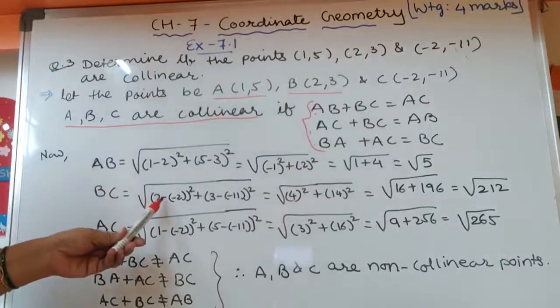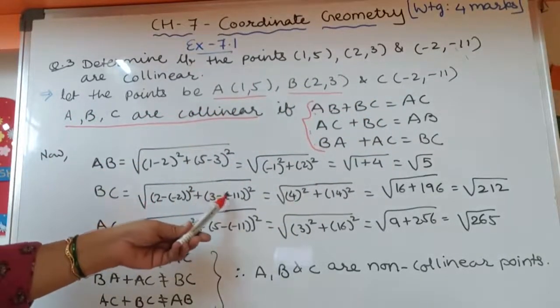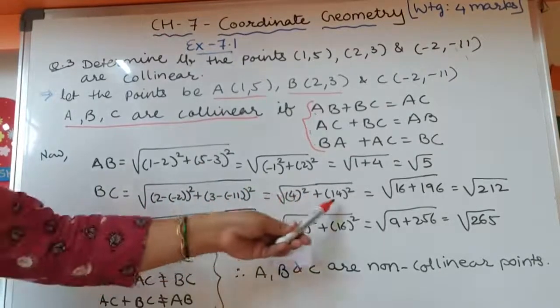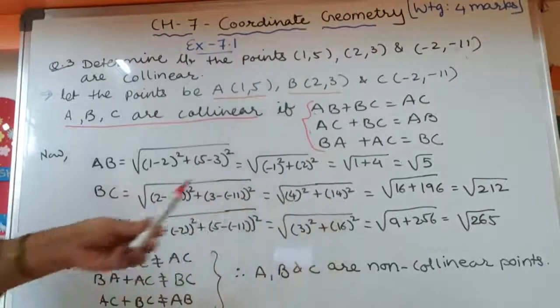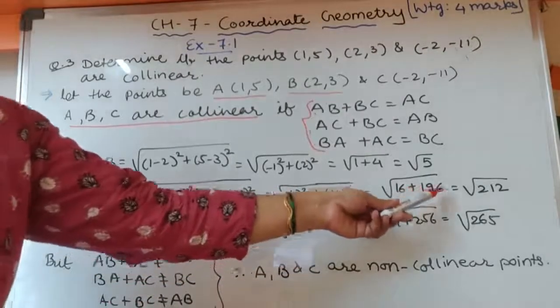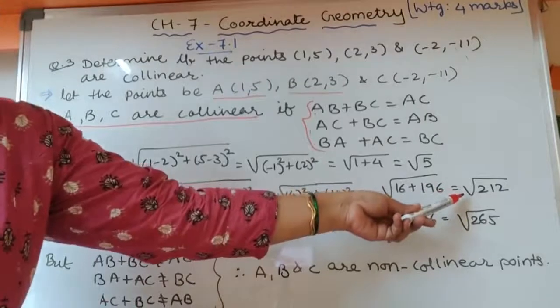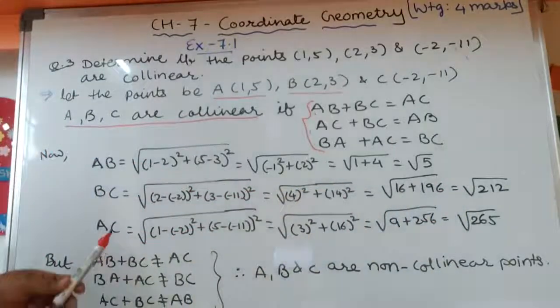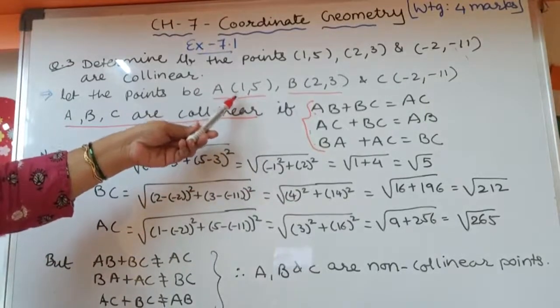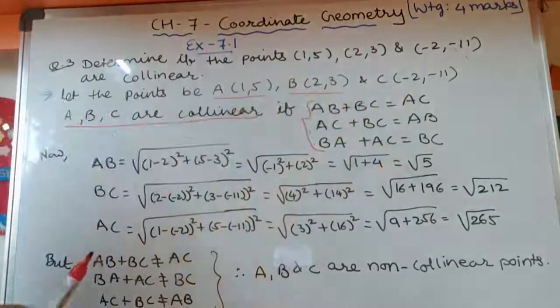Here minus minus becomes plus, so 2 plus 2 is 4, 11 plus 3 is 14. The square of 4 is 16, the square of 14 is 196, and finally I got the distance root 212.